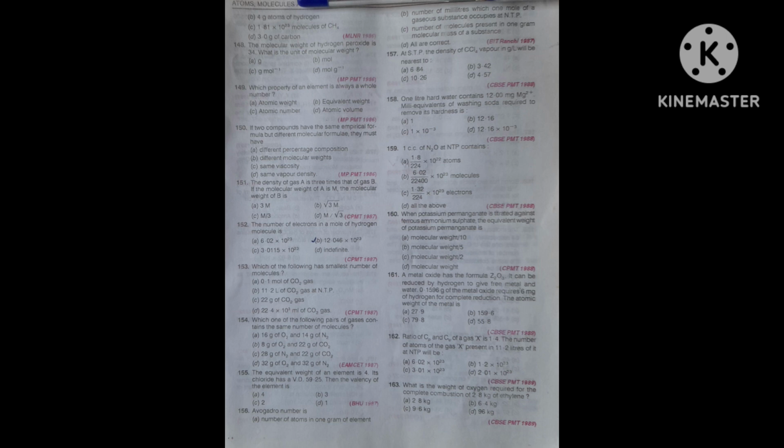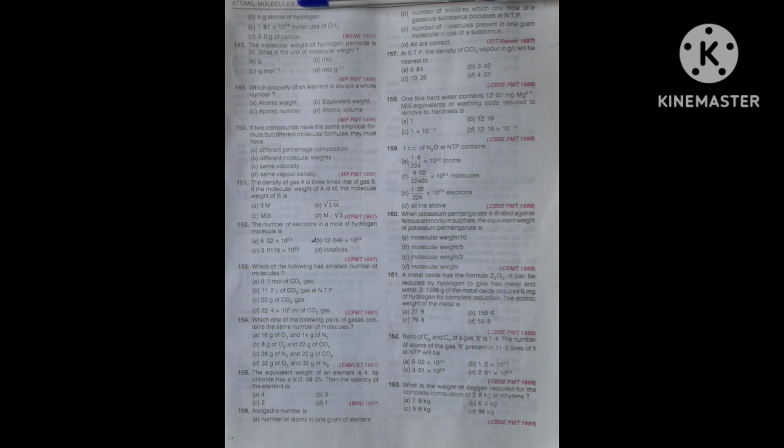Its correct answer will be all the above. How? Then you have to check all three options. You know that 22,400 cc is equal to Avogadro number.